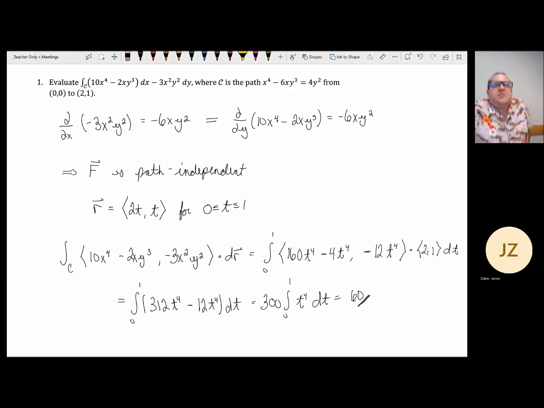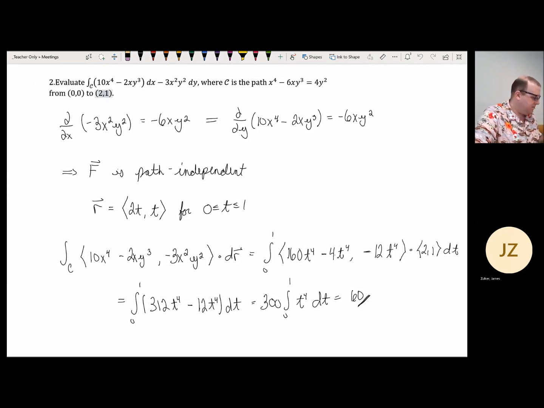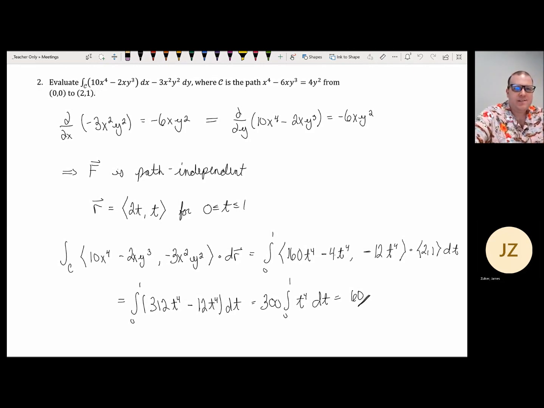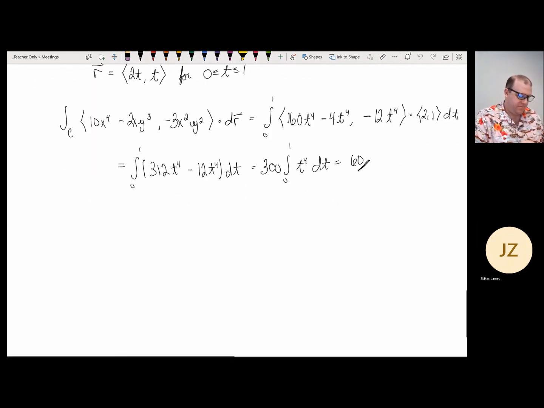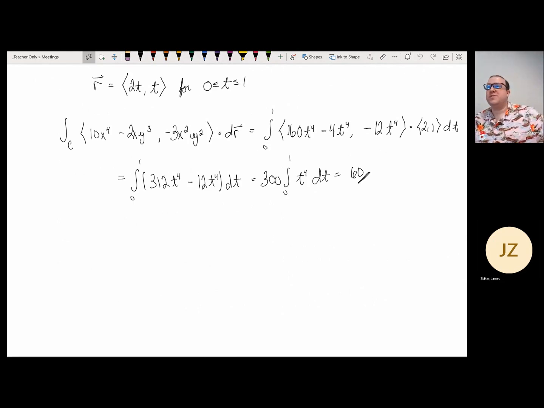So it just all depends. Oh, by the way, since most of the force fields you deal with in physics are conservative, a lot of the physics integrals, you can just do path independence.